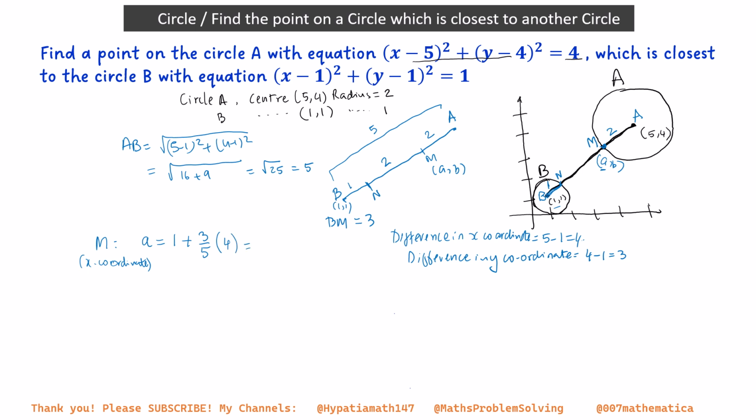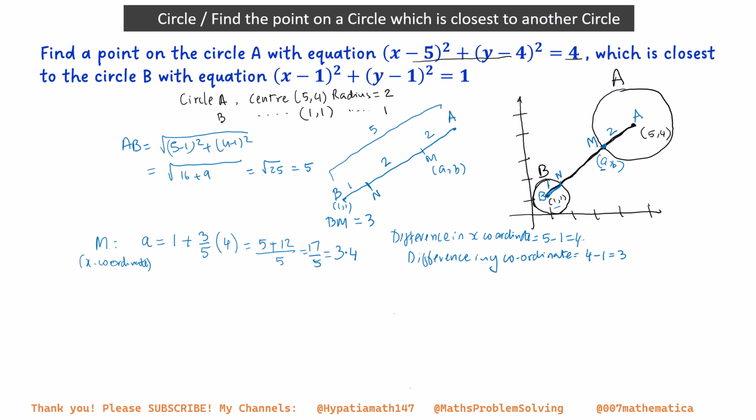That is 1 plus 12 out of 5, that is 17 out of 5, and that is 3.4.